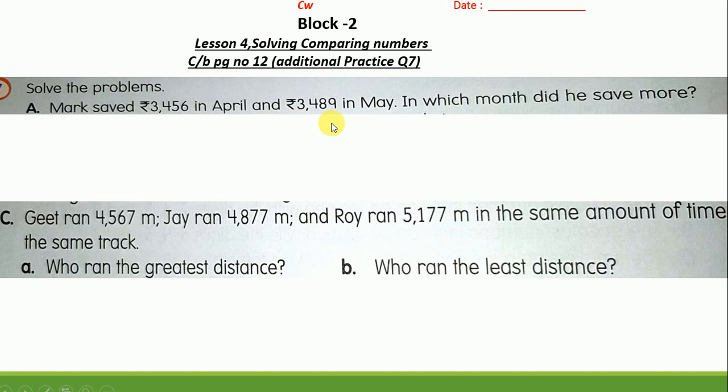Here we have to find in which month he saved more money. So we will compare both months' amounts, how much he saved. Compare both numbers. Start comparing from the thousands place.